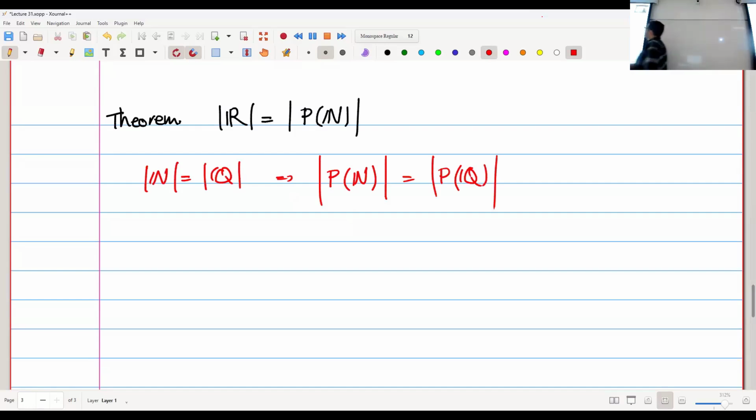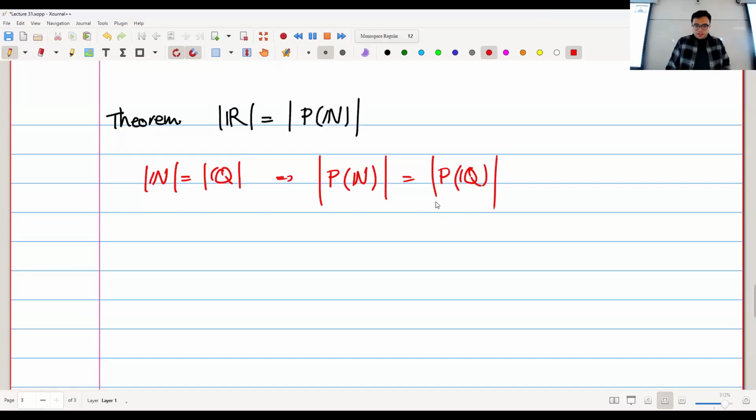It's actually a quite easy deduction here. I have a bijection from N to Q. So whenever I'm given some subset of N, take every element and just apply the bijection, see what element of Q you get. So every subset of N will also be mapped to a subset of Q.